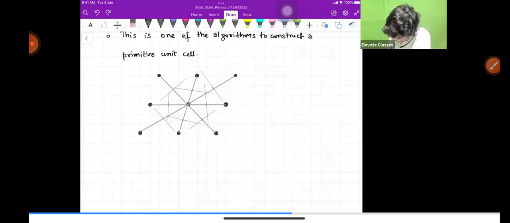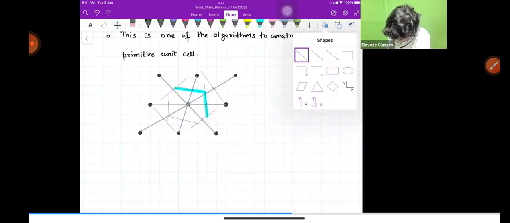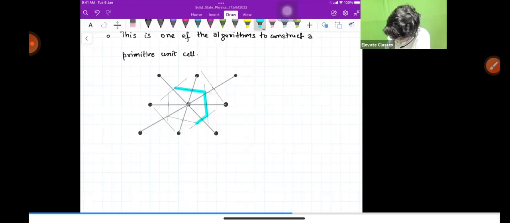If I join all of them, this is a structure. It's not as perfect as I want it to be, but it does the job.